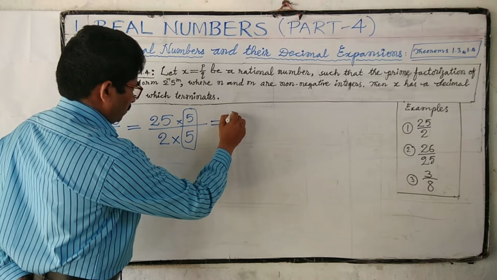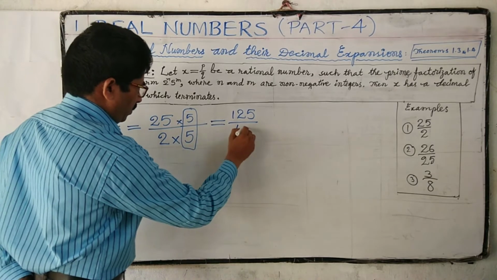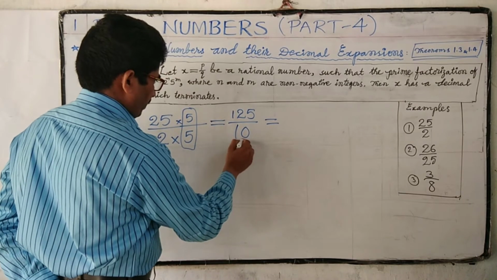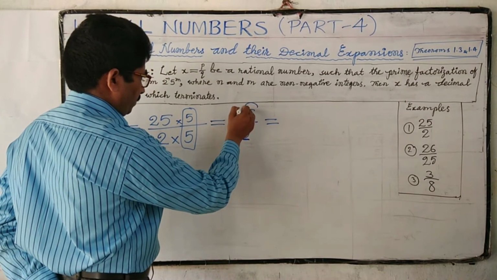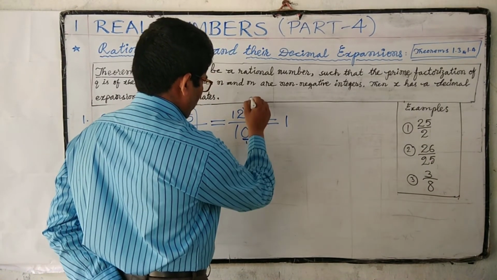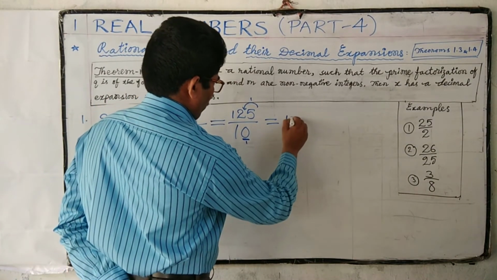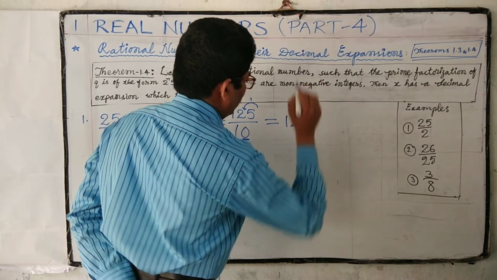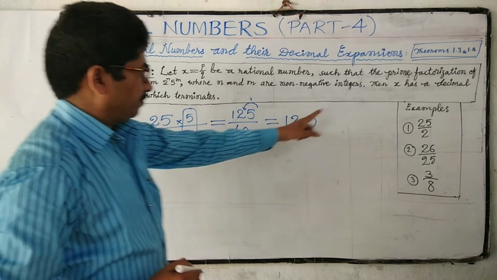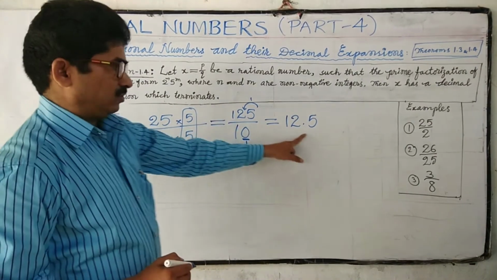So 125 by 10. Here the denominator is 10, so we keep 1 decimal place, counting from right to left. That gives 12.5. So this has a decimal expansion which terminates.